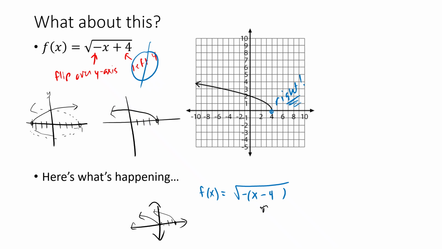You could also reason this out by looking at your ordered pairs. So you might think, okay, when x is 0, that's going to give us the 2, right? It's going to be the square root of 4. And then if I put in -4, x is equal to 4, then it would be -4 plus 4 is 0, and the square root of 0 is 0.